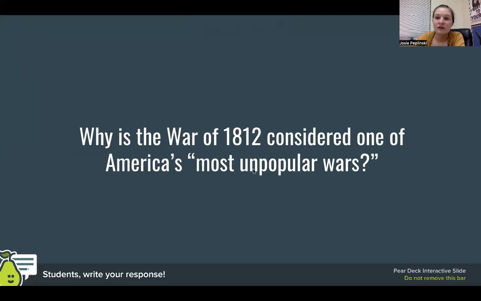is that this war disproportionately affected the New England region of the United States. That means the northeastern region, because this region focused very much on shipping and had many maritime ports, and most of their income came from that trade. And like we talked about yesterday, we have the Embargo Act of 1807 occurring here.